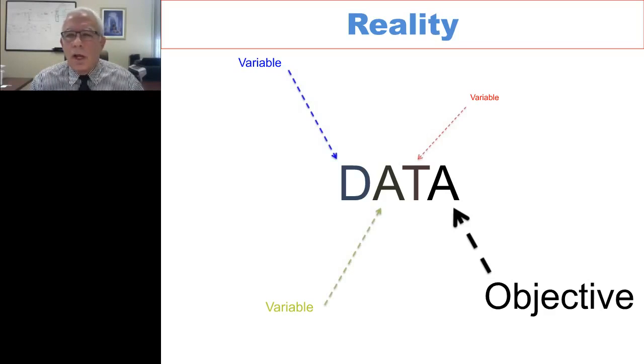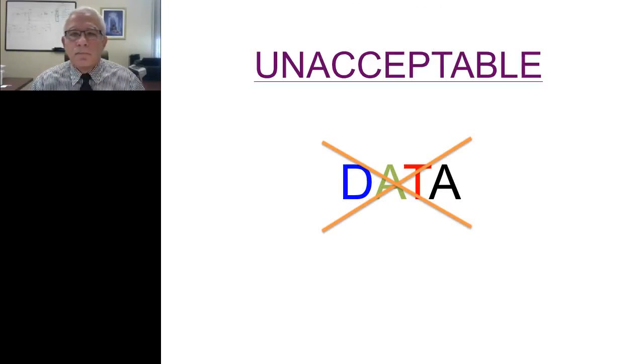So that's why when the results are published, the investigator will say, we have 95% confidence. Well, it is when these variables are minimized that 95% confidence plays a role.